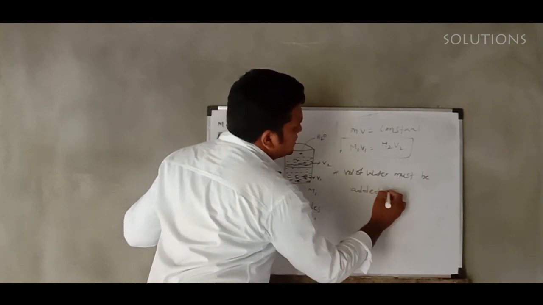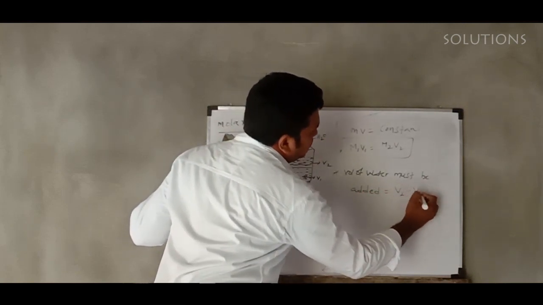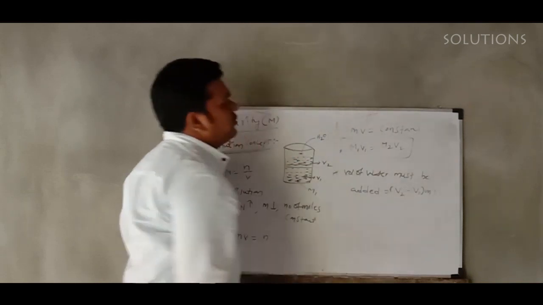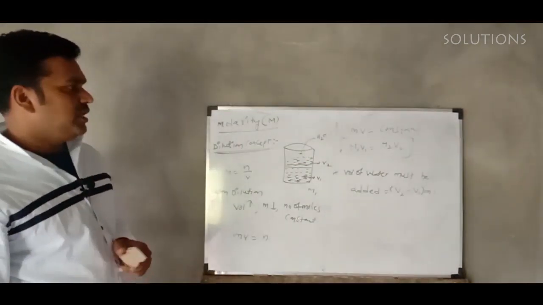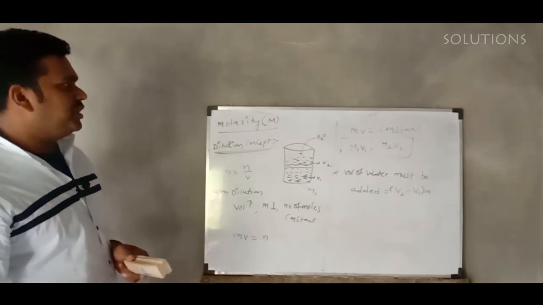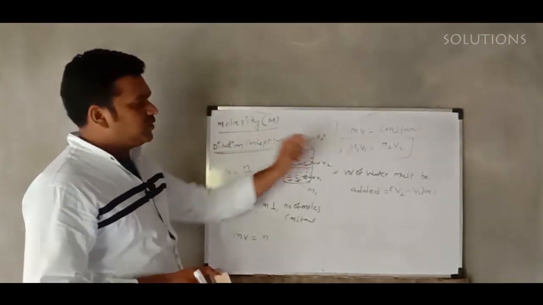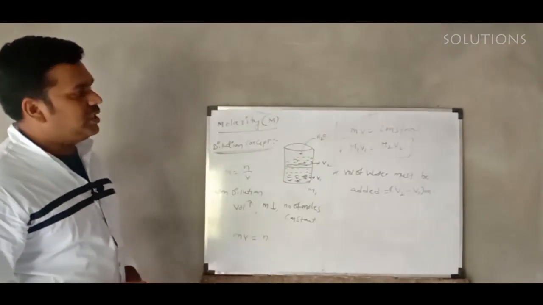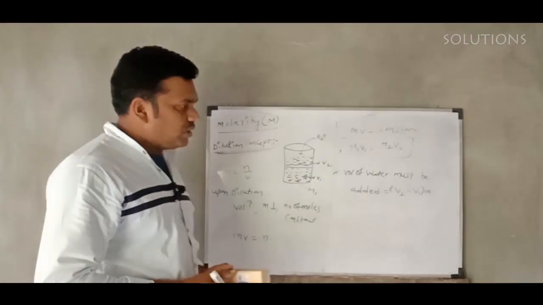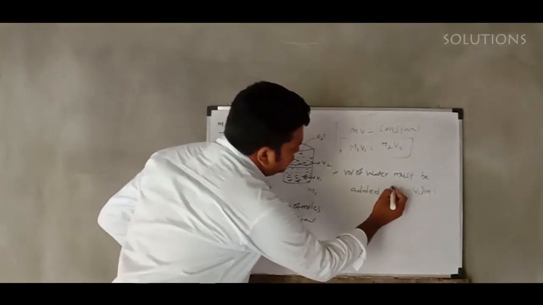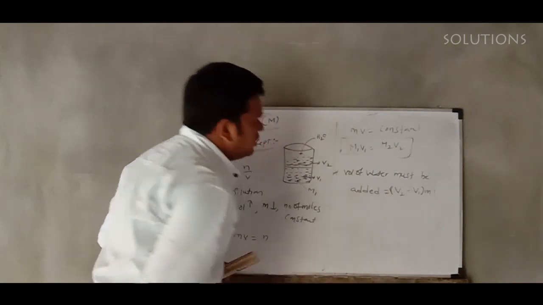We can use the formula V2 minus V1 ml. Clear? So these are the formulas we use in the dilution concept in molarity. What is the formula you got? M1 V1 is equal to M2 V2. The volume of water that must be added is equal to V2 minus V1 ml.